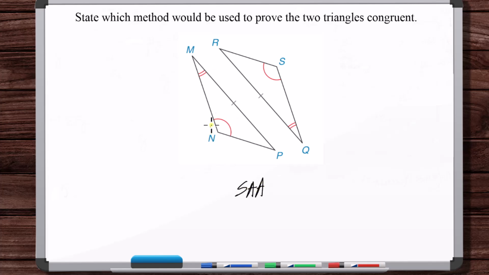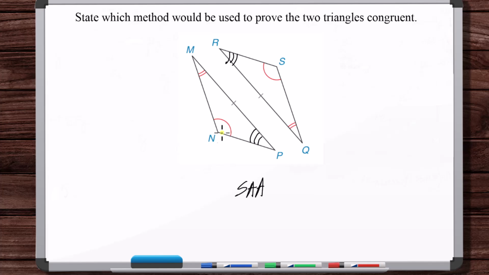Here, side, angle, angle. But remember, we know that side, angle, angle is like an offshoot of angle, side, angle. Side, angle, angle is not a postulate. It's actually a theorem because we can prove it using the angle, side, angle postulate. The idea is if we know that two angles of two separate triangles are congruent, then the third angle has to be congruent.